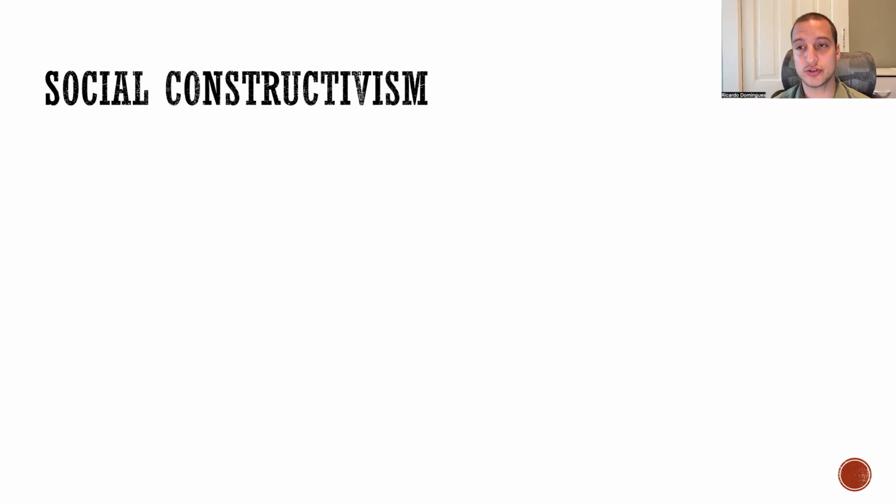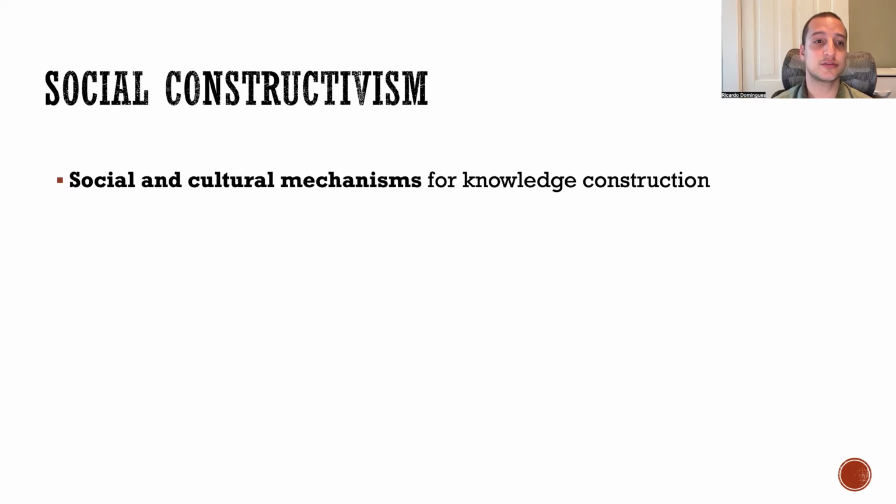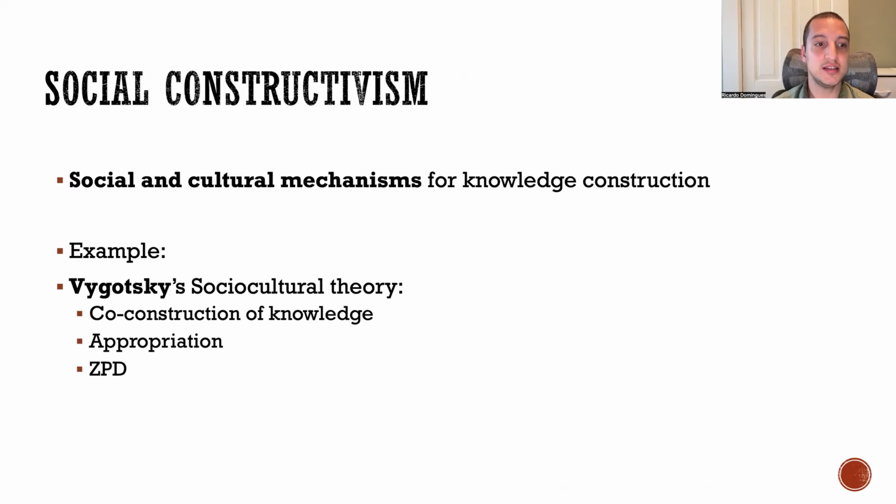The social constructivism perspective tries to understand social and cultural mechanisms for knowledge construction. An example of a learning theory that we have covered in this course before that aligns with the social constructivist perspective is Vygotsky's sociocultural theory.